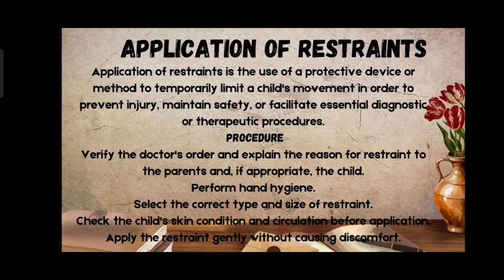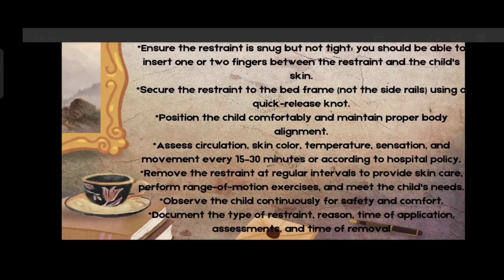So the procedure or principle is, first we have to verify the doctor's order and explain the reason to the parents, then perform hand hygiene, then select the correct type and size of restraint, then check the child's skin condition and circulation before application, then apply the restraint to the child slowly without causing any discomfort.